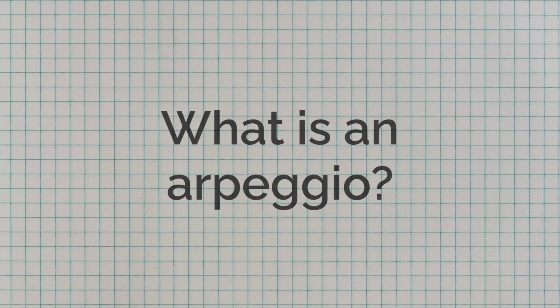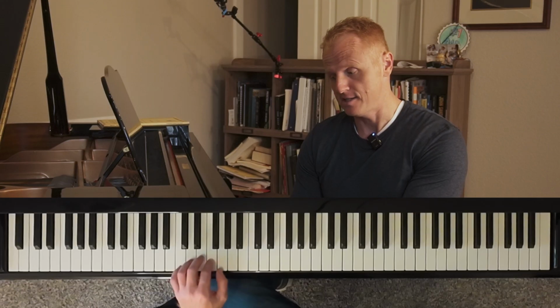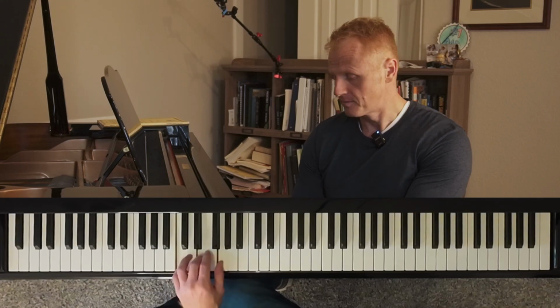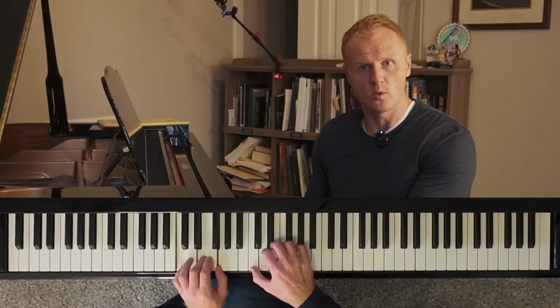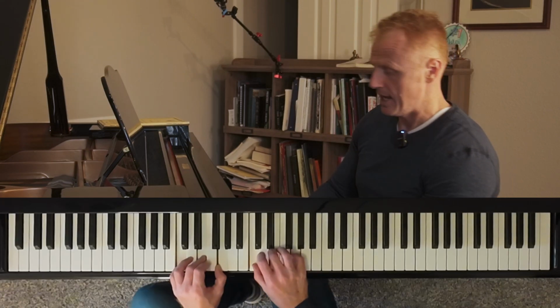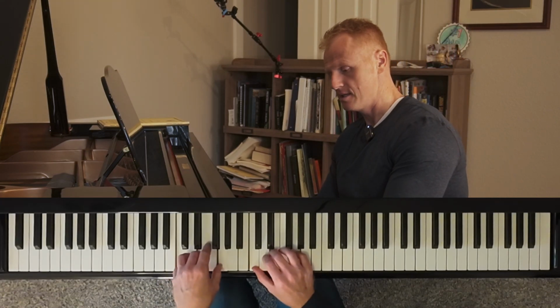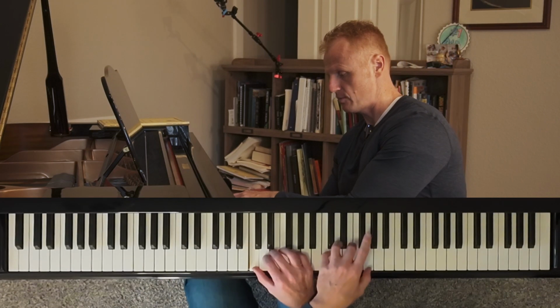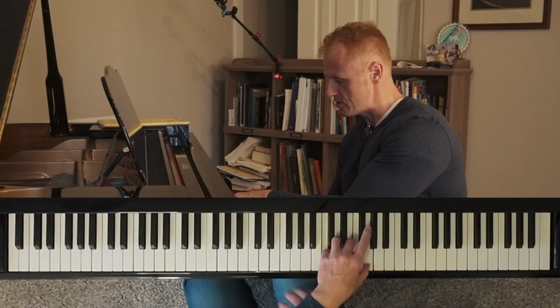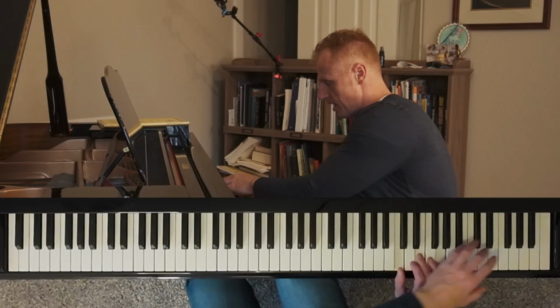An arpeggio is when you take a chord and you break it up, and you might break it up over multiple notes on the piano. This is actually something that's really fun that people can do in their first piano lesson: take your left hand and find a C chord, and take your right hand and find a C chord as well. Then you can jump over your right hand with your left hand to play another C chord, jump under, and jump over.